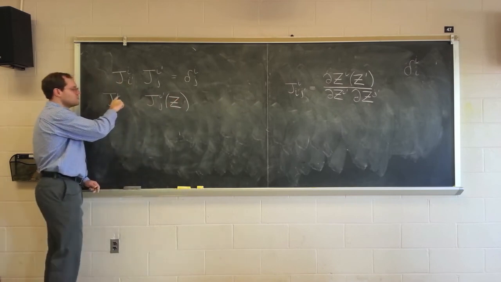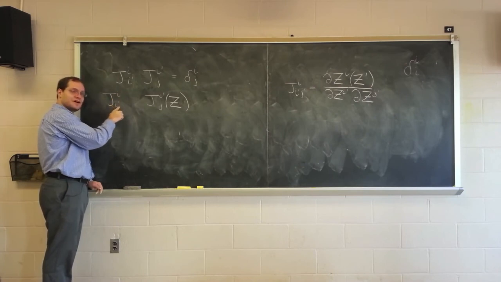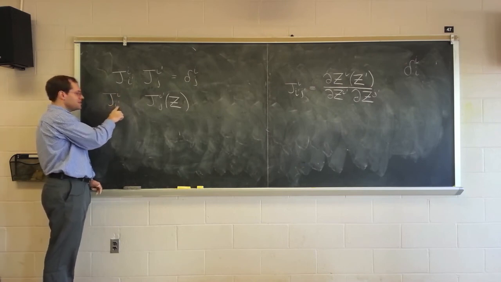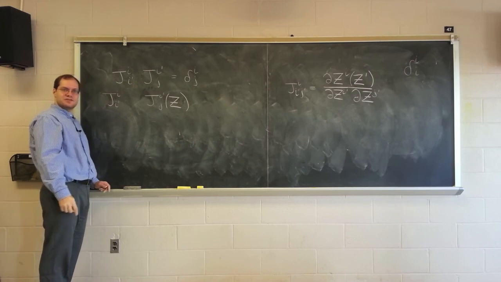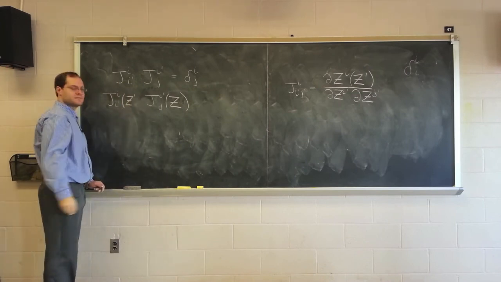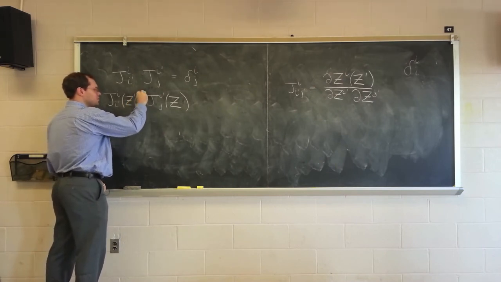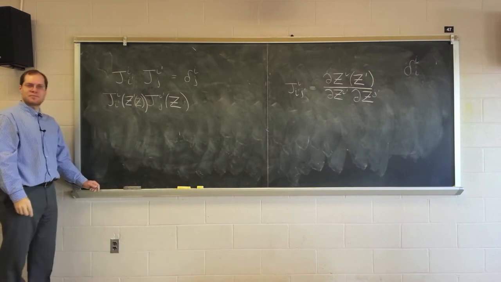This one came from differentiating the functions of x's and y's as functions of r's and thetas. So it naturally appears as a function of r's and thetas, in other words, of the prime coordinates, and you have to plug in how the prime coordinates depend on the unprimed coordinates.